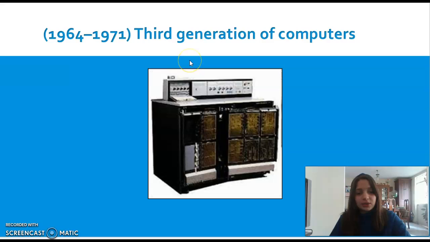The people used the IBM computer because this computer is easy to use.